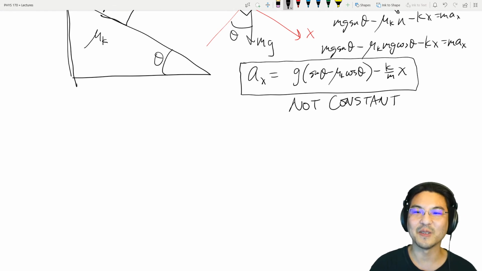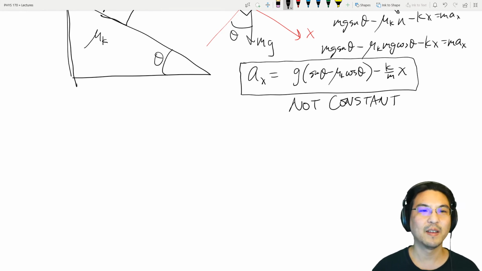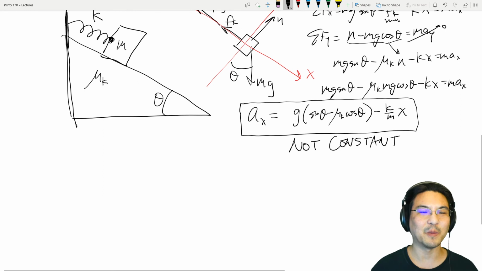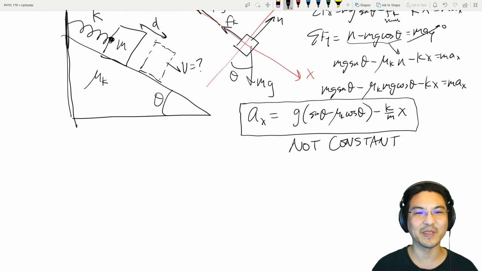So we can't use kinematics for constant acceleration like we did in the previous problem. If we want to know, for example, when the block is over here, like it moves some distance d, now how fast is it going? We can't just use kinematics for constant acceleration. We would have to integrate this function.